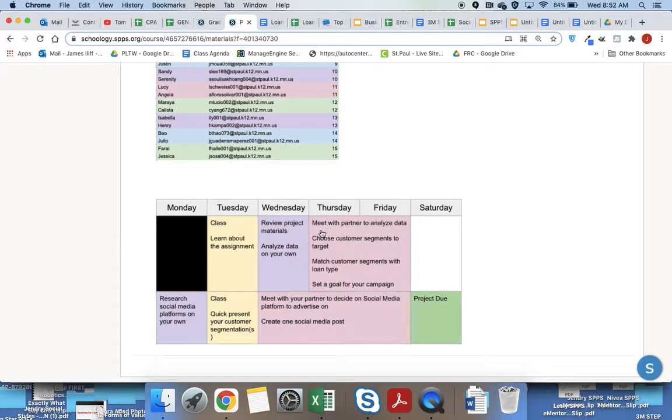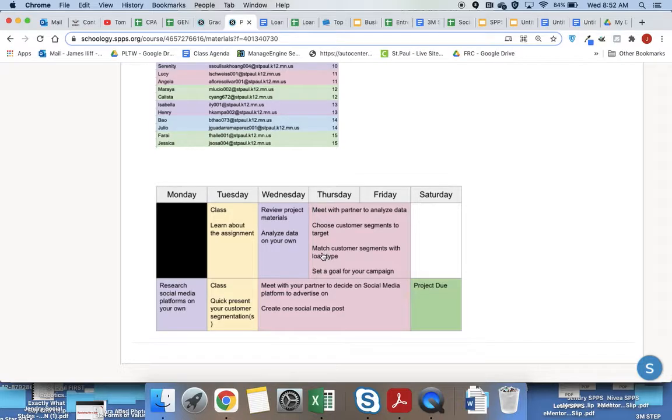Okay, so when you meet with your partner, you're going to analyze the data together a little bit. You're going to choose a customer segment to target. You're going to match that customer segment with a loan type, and then you're going to set your goal for your campaign. And again, that's all done inside the instructions.